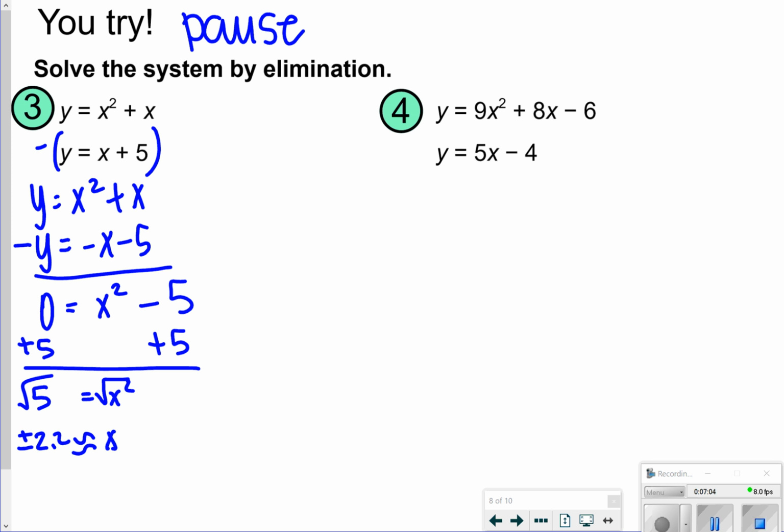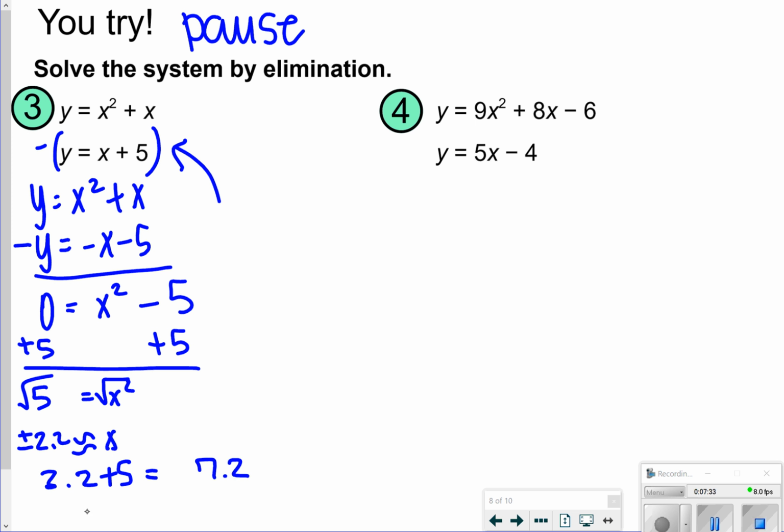So now I'm going to go back and plug it in to one of my equations. I'm going to plug this back in to my x plus 5, since that would be easiest right up here. So I can do 2.2 plus 5, and that's going to give me 7.2.